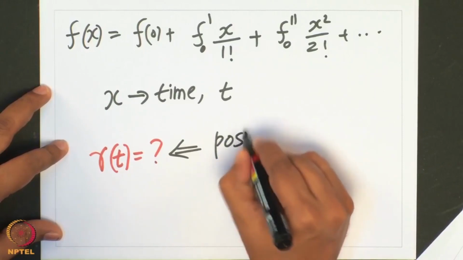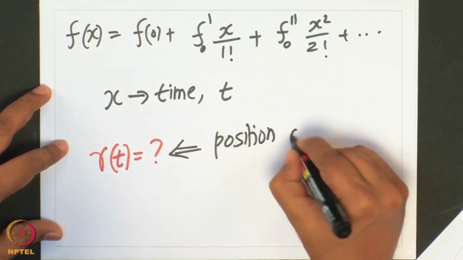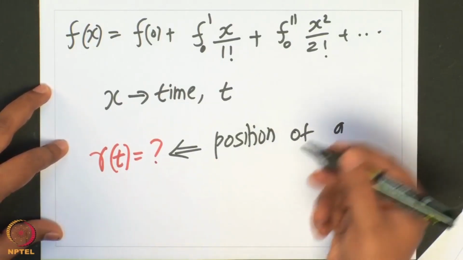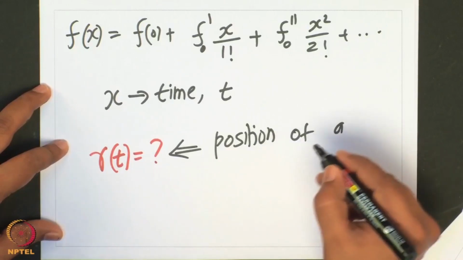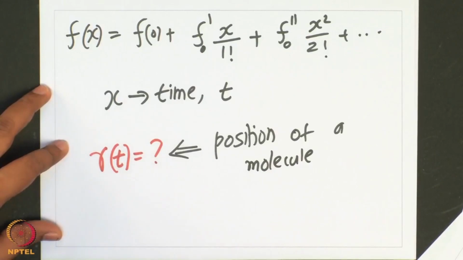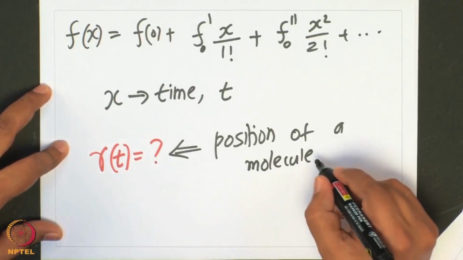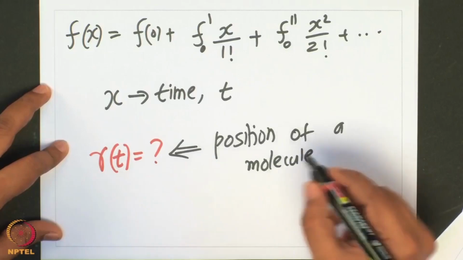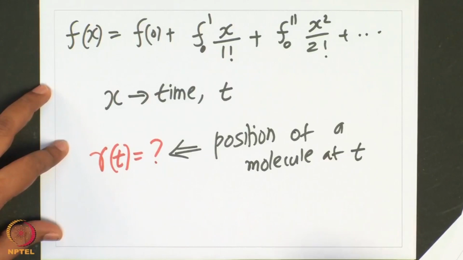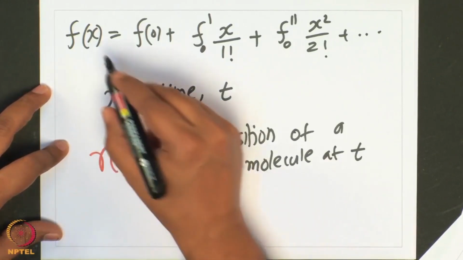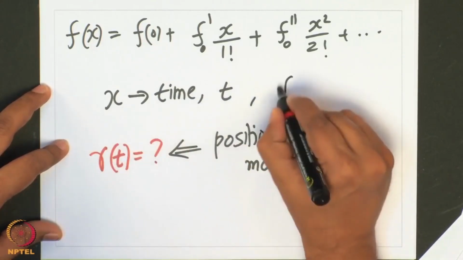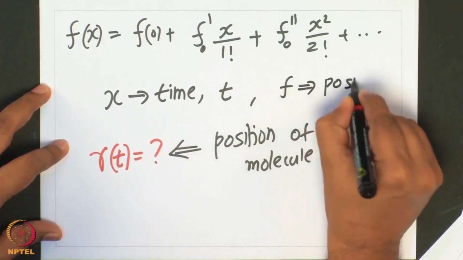Position of a molecule in a cell or wherever it be, at any time t. If I want to know this, I would substitute f is equal to r. So x is time, f is position.